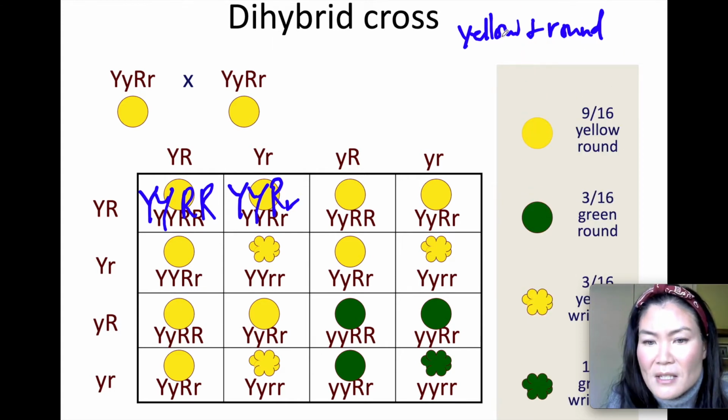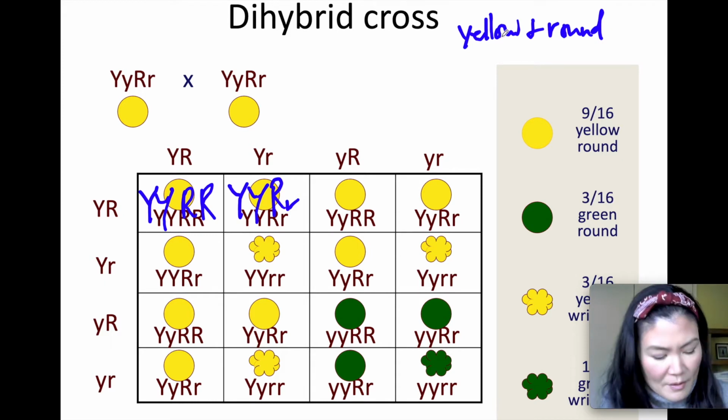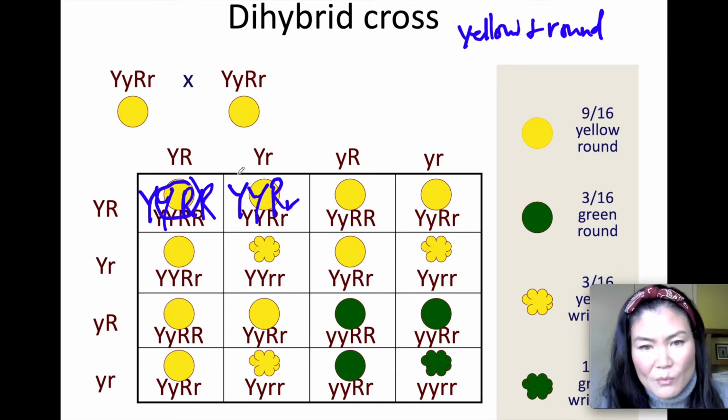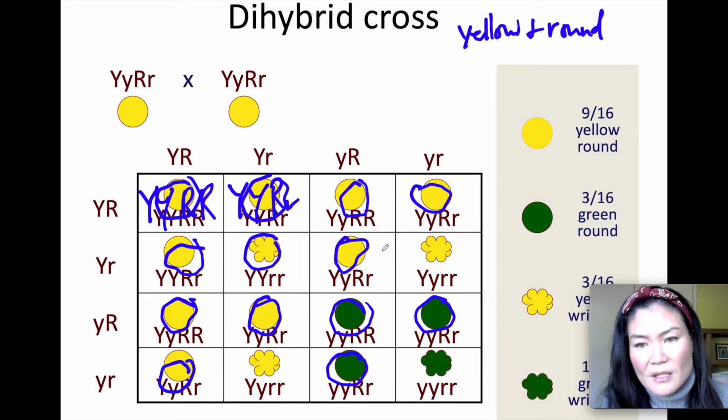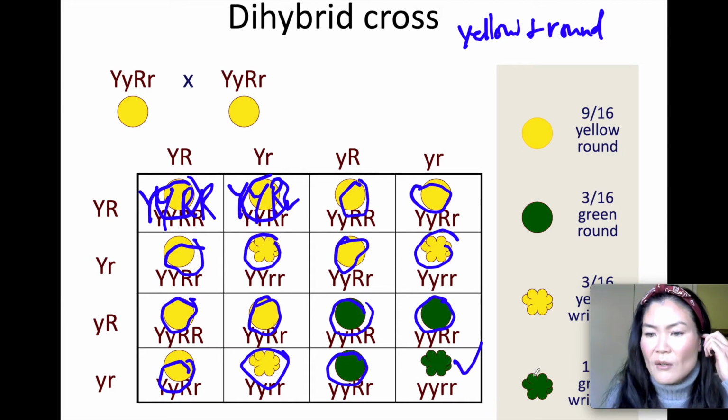9 out of 16 yellow round. Actually, let's count them. So this is 1, 2, 3, 4, 5, 6, 7, 8, 9. Those are going to be yellow and round. 3 out of 16 are going to be green and round. 3 out of 16 are going to be yellow and wrinkled. And then the last one right over here is going to be green and wrinkled.